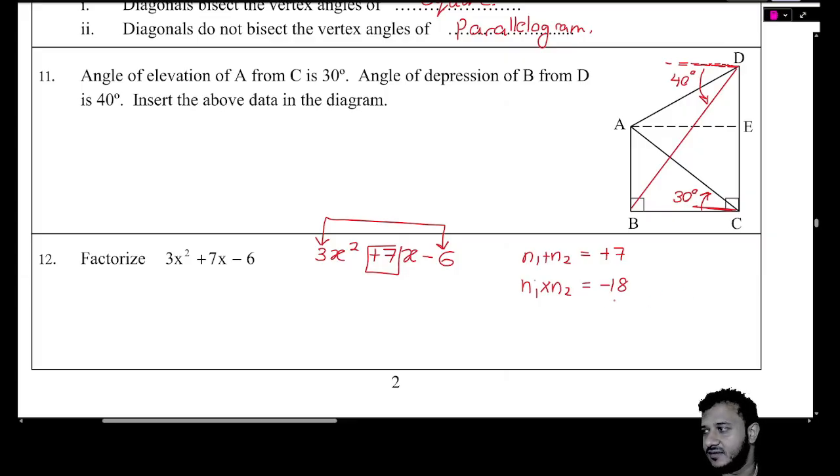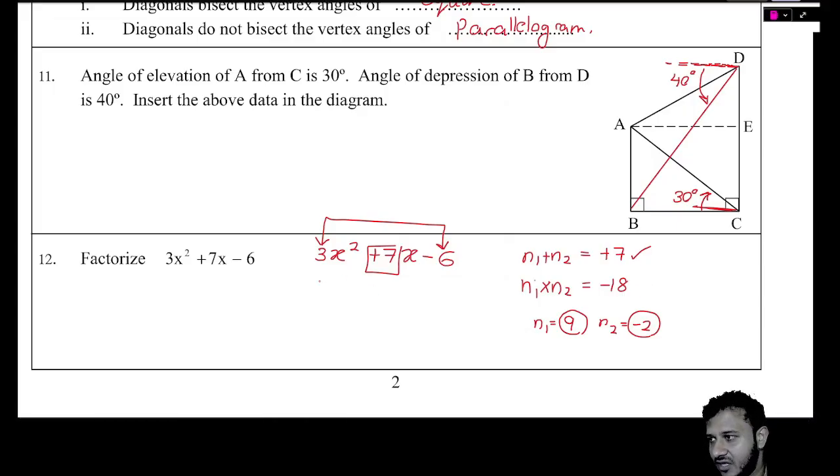So then, Roshit, did you find the two numbers? Positive 9 and negative 2. Positive 9 and negative 2 perfectly works. When you add positive 9 and negative 2, that's a positive 7. When you multiply positive 9 and negative 2, that's a negative 18. Perfect. Very good, Roshit. So then we can rewrite it: 3x square plus 9x minus 2x minus 6.